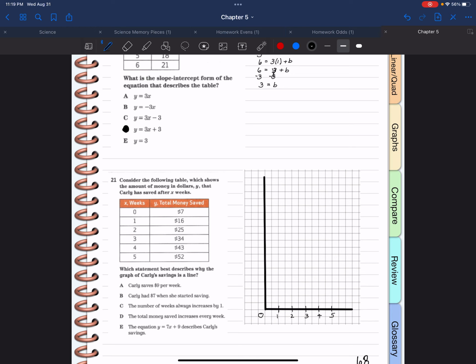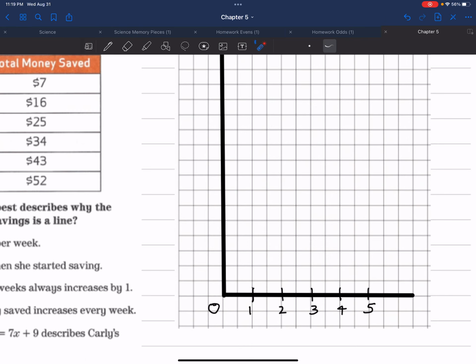And I have 1, 2, 3, 4, 5, 6, 7, 8, 9, 10, 11, 12, 13, 14, 15, 16, 17, 18, 19. I'm going to scale by 3s.